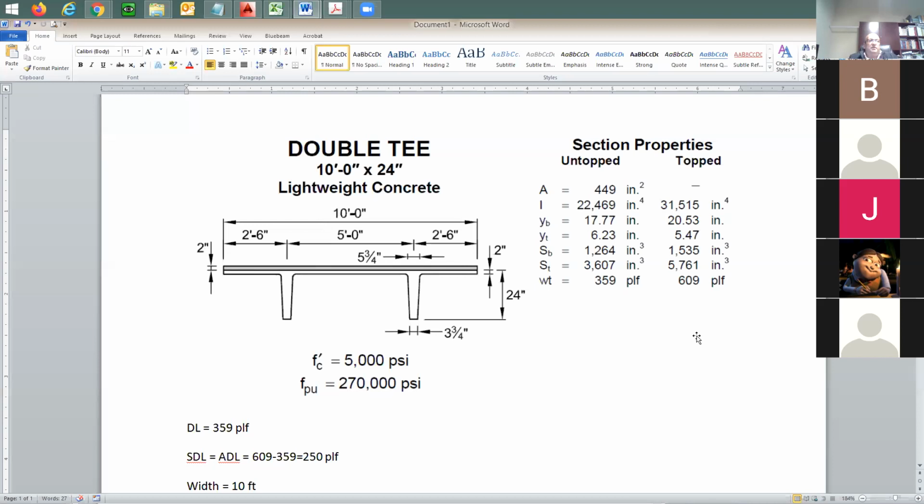Okay. So when you check the stresses at the initial pre-stress at PI and use the self-weight, you're going to be using these properties. When you check the stresses at the service life, you're still going to be using this 449.